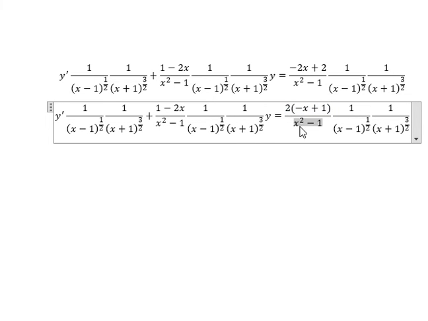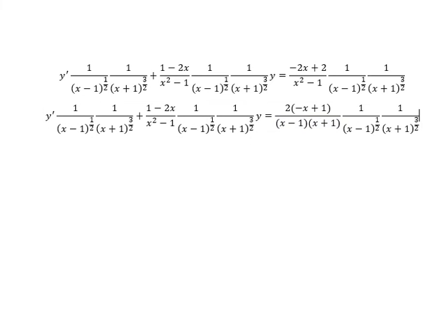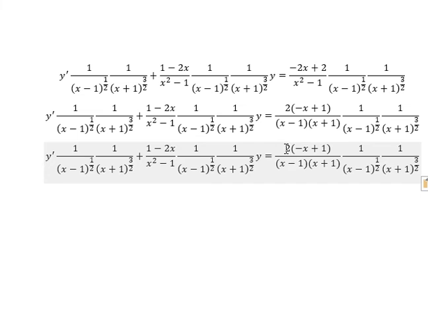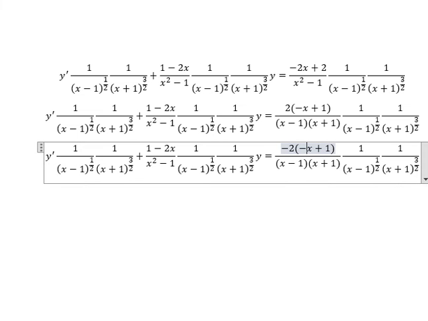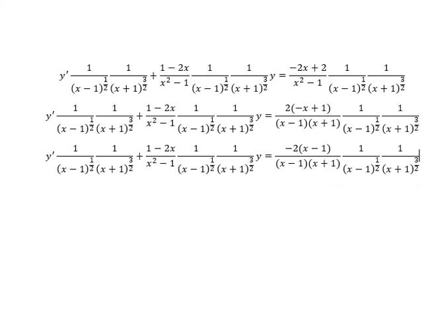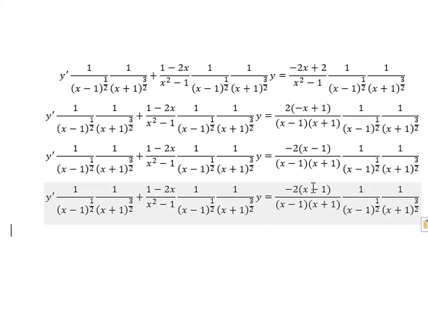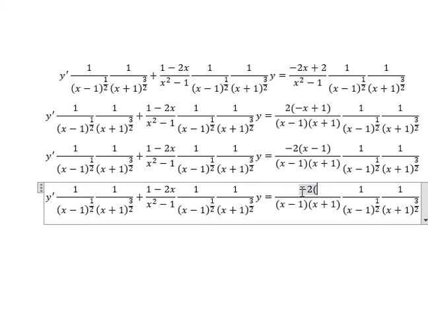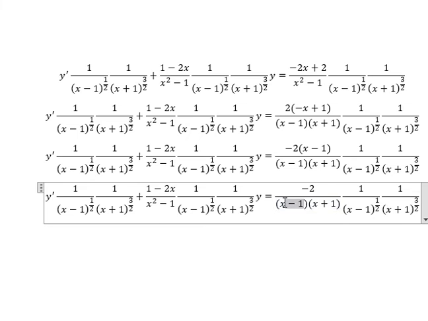This one we have s minus 1, s plus 1. So we put negative sign in here. So we change the sign into s minus 1. Because negative multiplied by s minus 1, you got negative s plus 1. So s minus 1 divided by s minus 1. Now we just have only s plus 1.